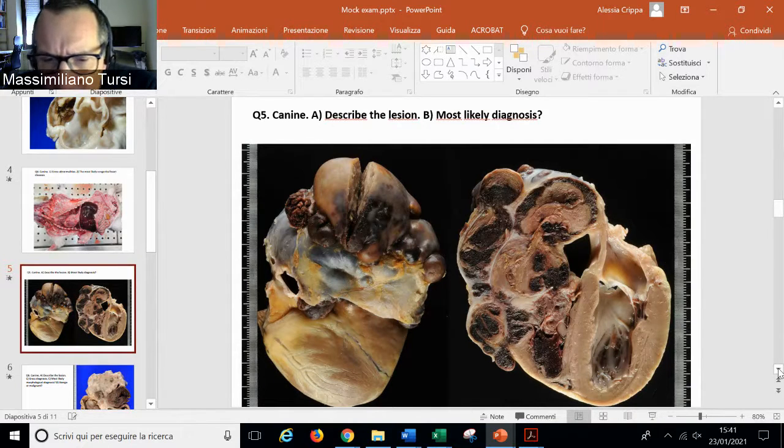The only empty space is the cavity of the right and left heart, but not inside the tumor. The tumor is more or less compact, not very firm, not very solid if you touch it, but there are no cysts, there are no cavities inside the tumor.